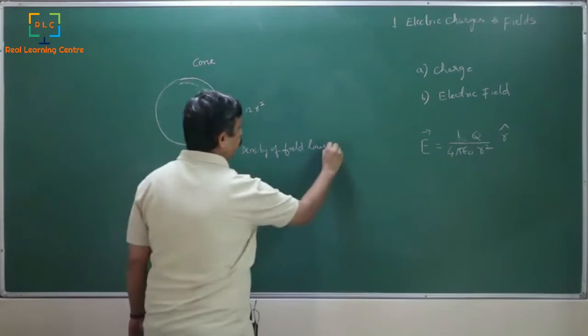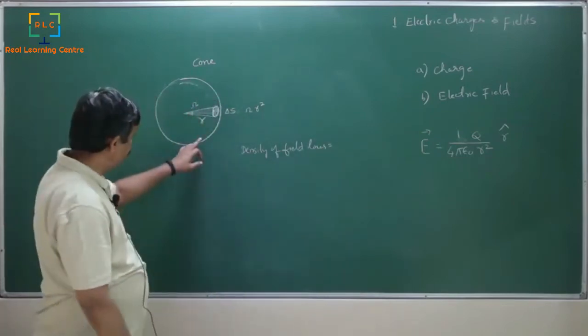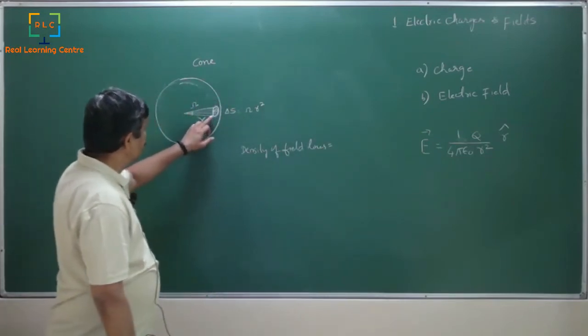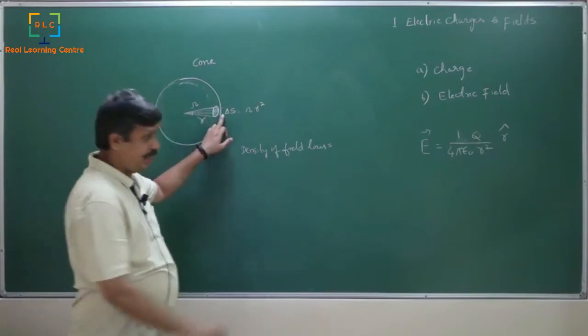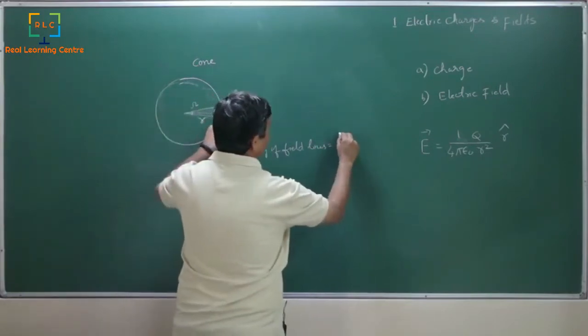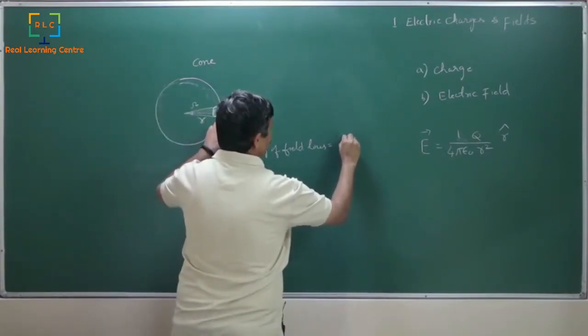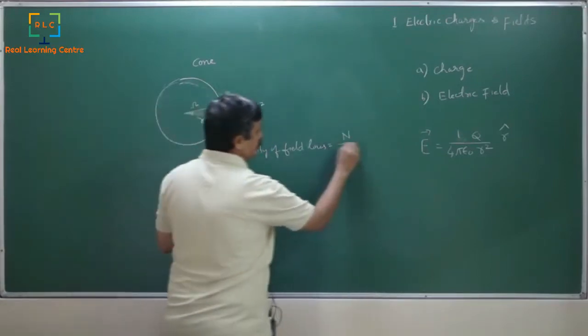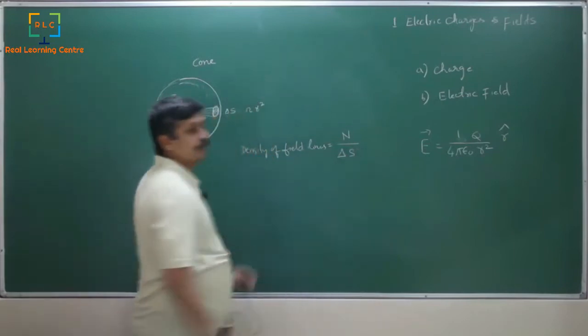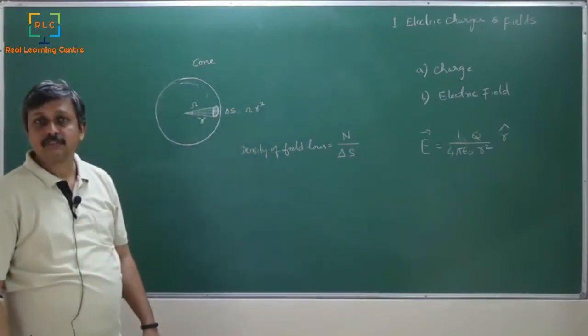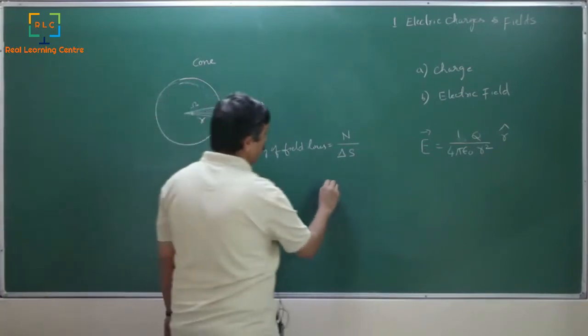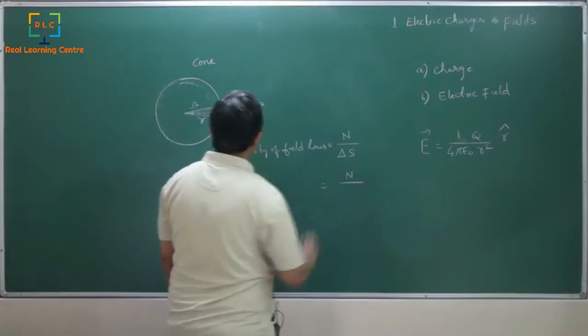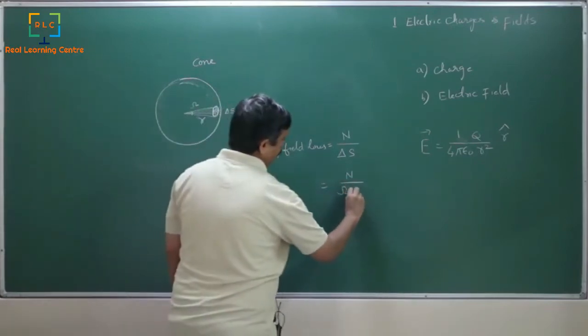is equal to the number of lines that go through here, which I will call n, divided by the surface area delta S, which is nothing but n divided by omega r square.